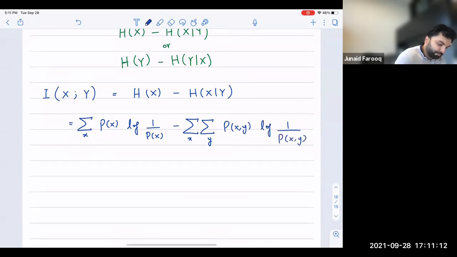That's the definition of the conditional entropy.